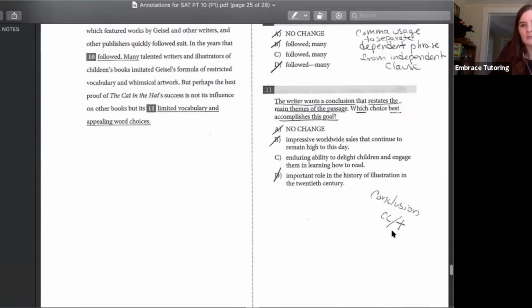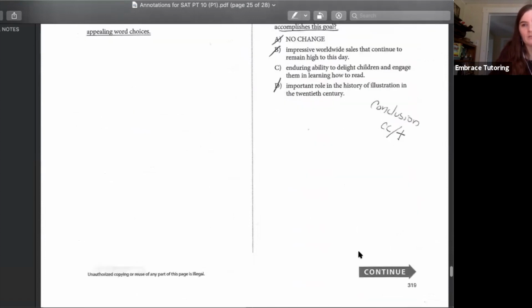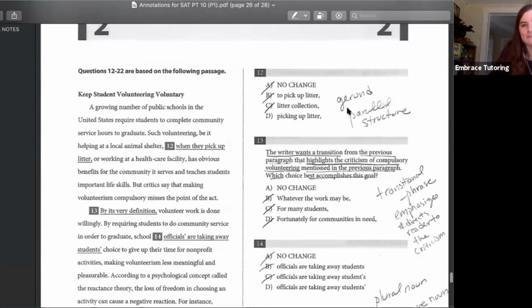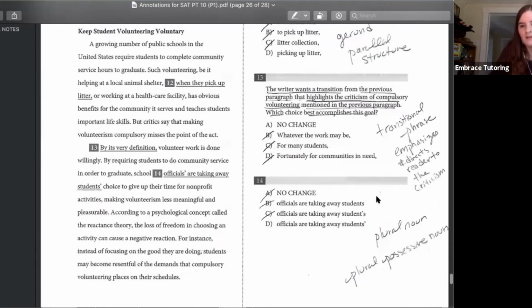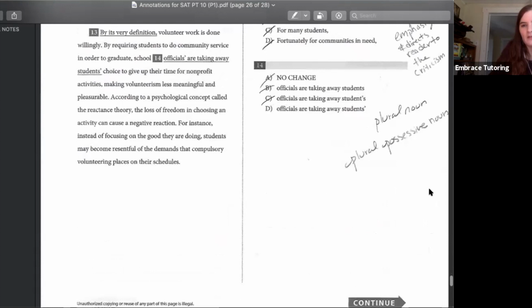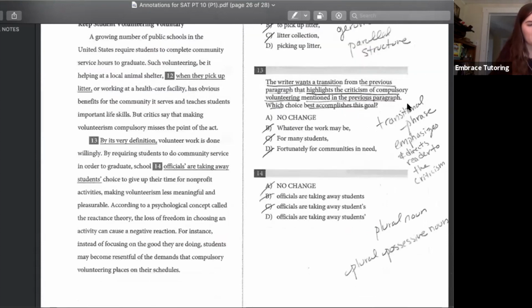Again, the CCT means central concept, thesis, or theme, those types of things. Gerund, parallel structure, again, transitional phrase, emphasizes and directs the reader to the criticism, things like that, comments in terms of making connections with things.